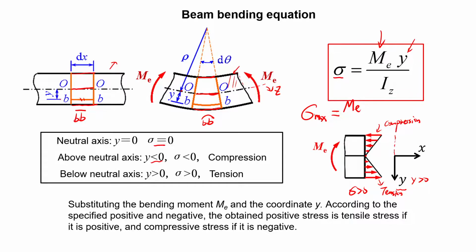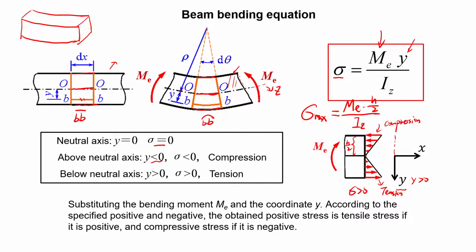So for instance, if you have a distance here of half h, this will be equal to M times half h over Iz. The Iz depends on the cross-section. The beam normally is in 3D, and if I draw it, you will have different cross-sections.